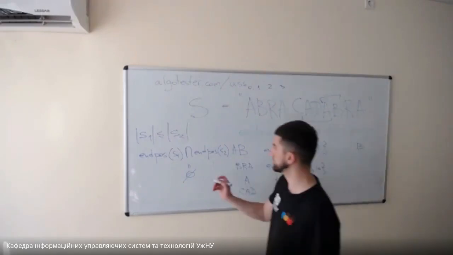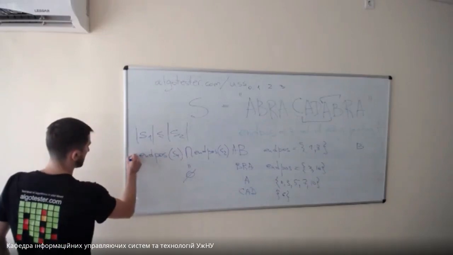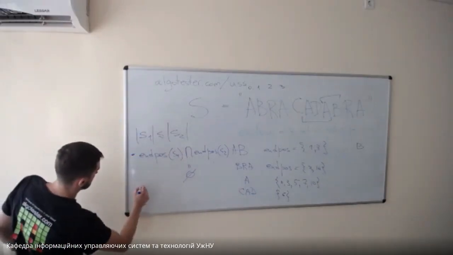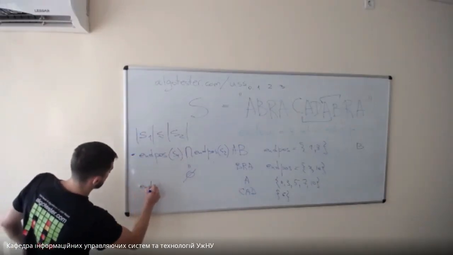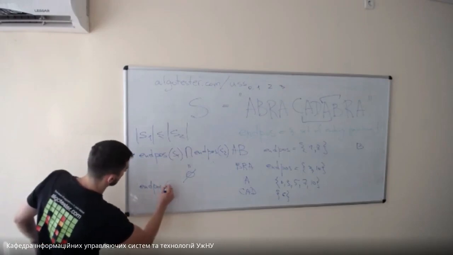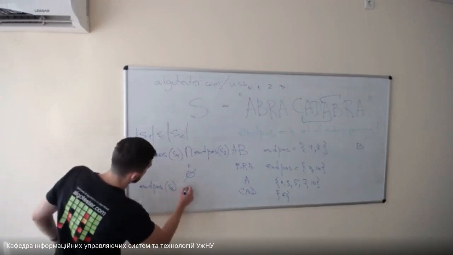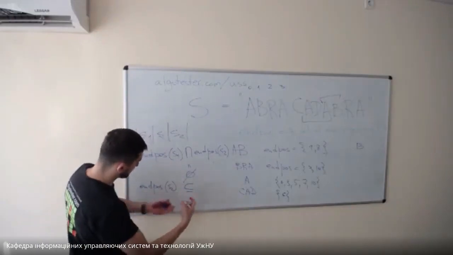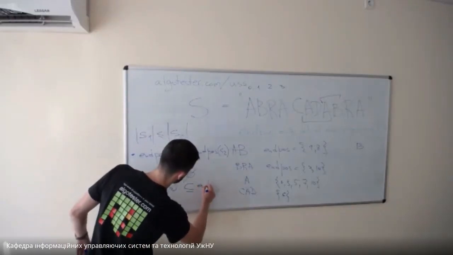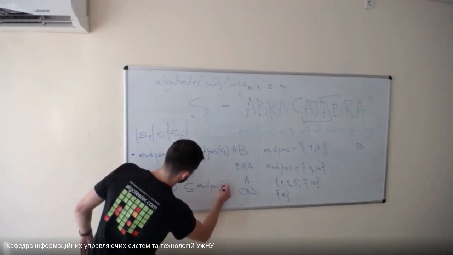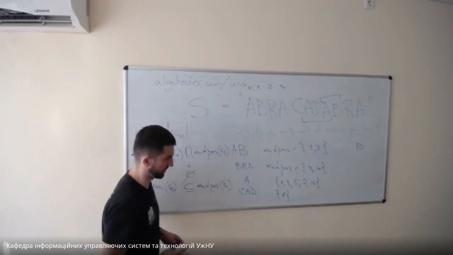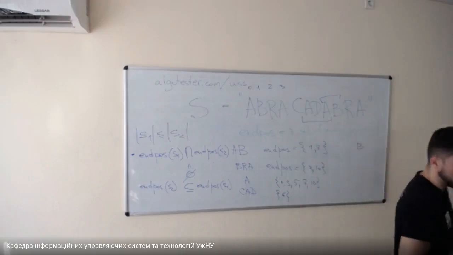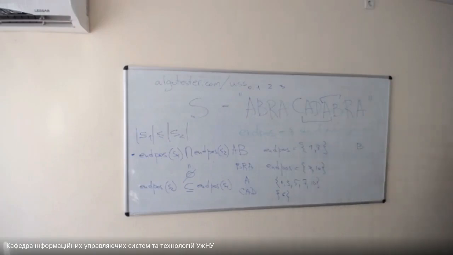Or end pos of the longer string is a subset of end pos of the shorter string. So how is that possible?